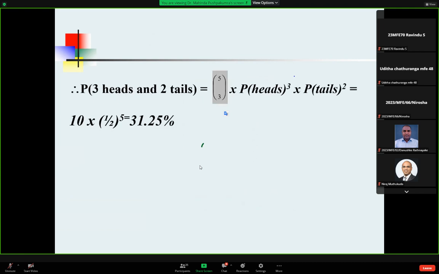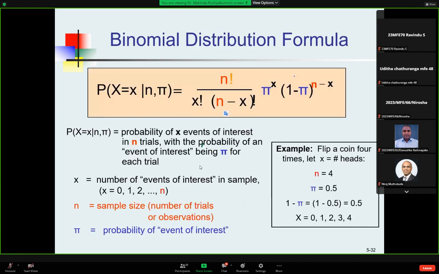Okay, and now you can see the formula. In this formula, I explained how we can get this part: n factorial over x factorial into n minus x factorial. Then what is this one?